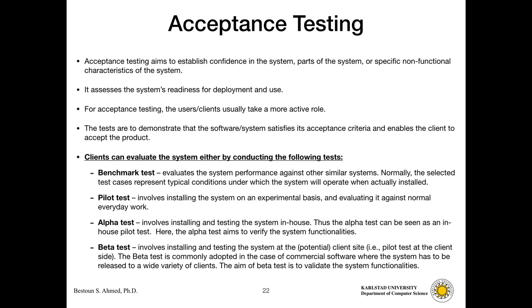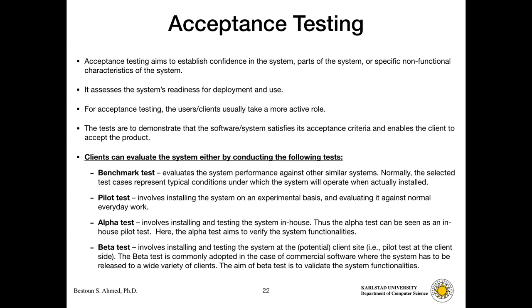Now you have alpha testing, which is what we call in-house testing. It is another kind of pilot testing, but inside the software team. And then finally, you have beta testing. In beta testing, you select a set of users or potential clients, and then you give them the software after you perform component testing, integration testing, and system testing.